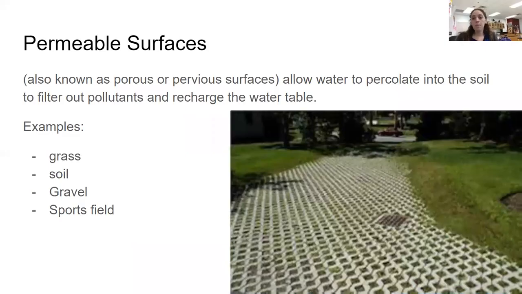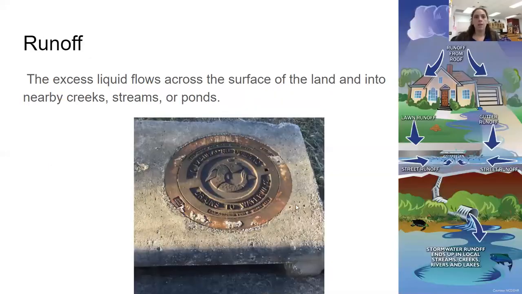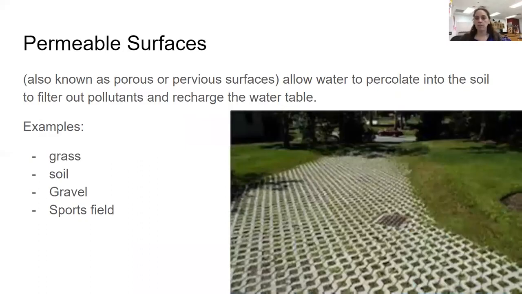When it comes to the amount of runoff, so how much water passes through, it depends on two different surfaces and how much of an area is covered with them. The first are the permeable surfaces, also known as the porous or pervious surfaces.